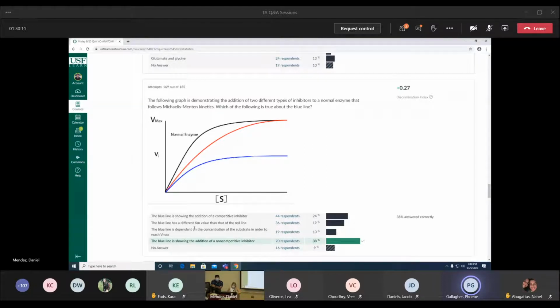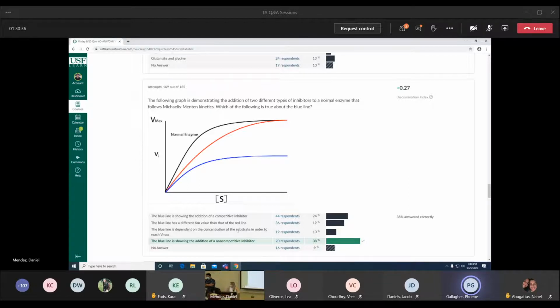So if you have a non-competitive inhibitor, now you're not going to have the same Vmax as you would with an uninhibited enzyme. So your half Vmax is going to be lower than that. And as a result, where the non-competitive inhibitor's line intercepts with the half Vmax, it's now going to be lower, and therefore your Km is also going to be a higher number.